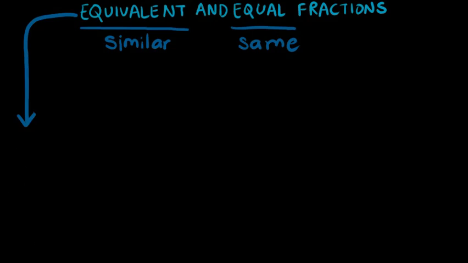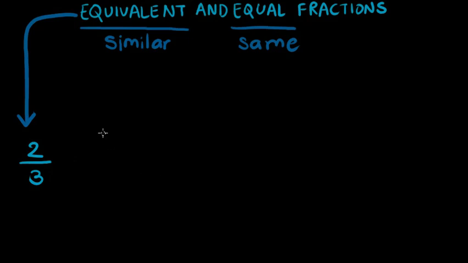So let's see what I mean by this. Let's say I have a fraction 2 by 3. This fraction has the numerator 2 and the denominator 3. I have another fraction and I want to make it equivalent to this, but it does not have to be the same fraction. It can't be 2 upon 3.